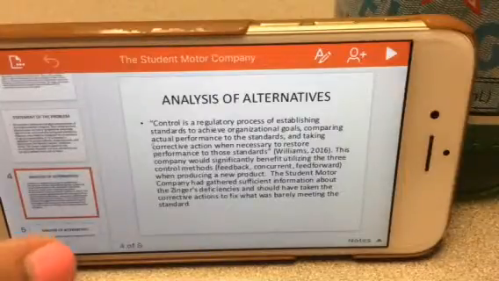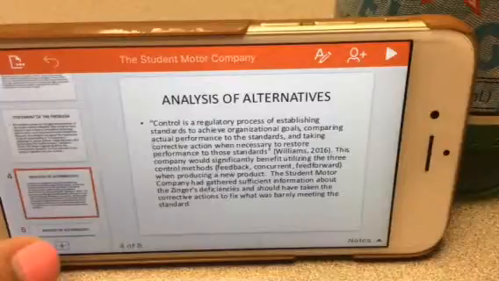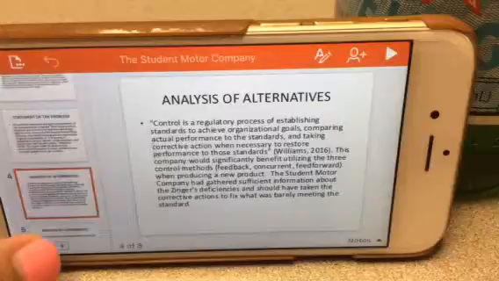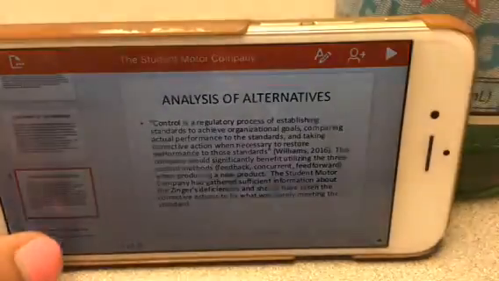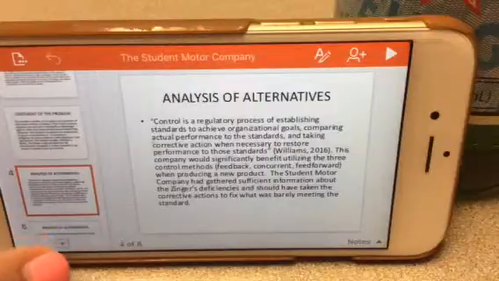This company would significantly benefit utilizing the three control methods: feedback, concurrent, and feed-forward when producing a new product. The Student Motor Company had gathered sufficient information about the Zinger's deficiencies and should have taken the corrective actions to fix what was barely meeting the standard.